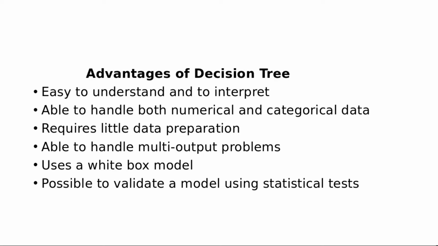Another advantage is that decision trees require little data preparation. With other machine learning techniques, you will often be required to normalize the data before you can use it, and you will also need to create dummy variables before you'll be able to do something meaningful with them.